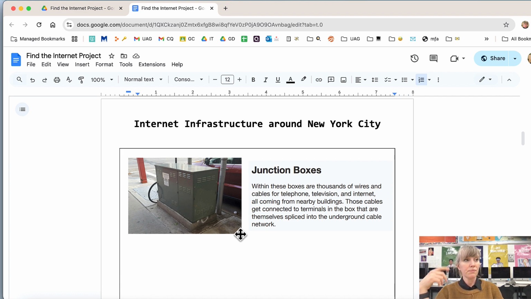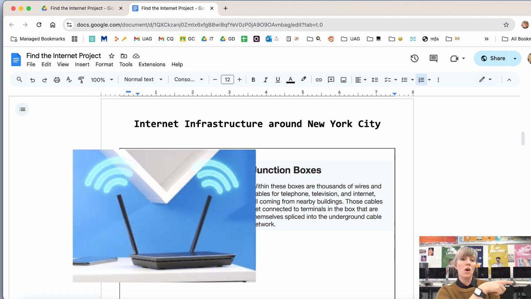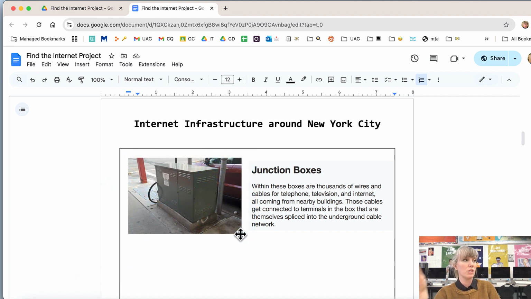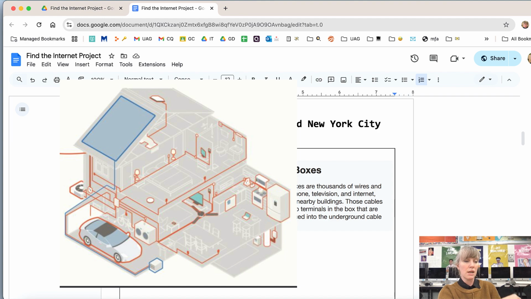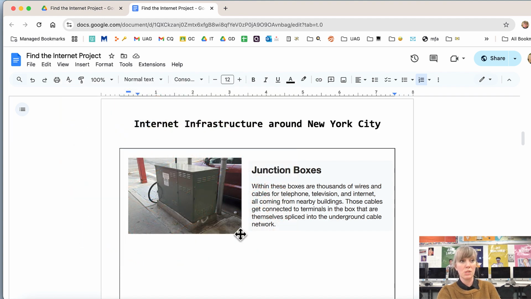So I'm getting a wireless signal to my computer right now and to my phone right now, but if I look around the room, there are boxes and routers that are sending the signal to my phone and to my computer. From that router, the router is connected into a jack in the wall, and there is a cord that goes all the way down the wall into a junction box outside of the school.